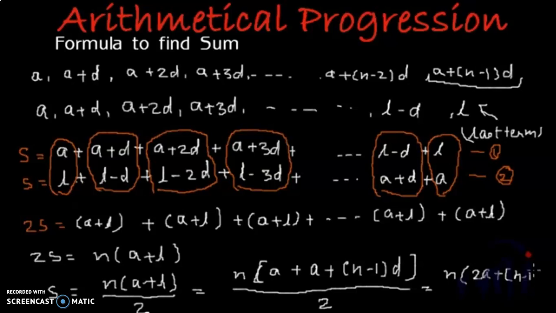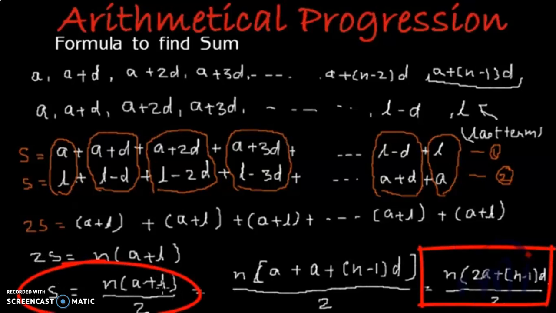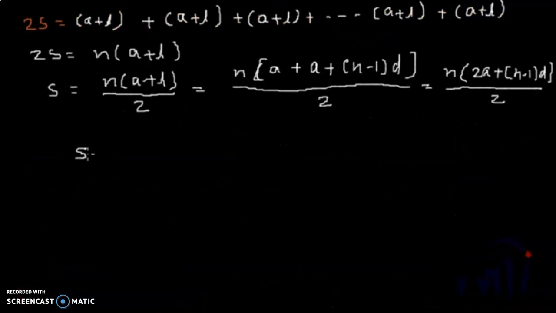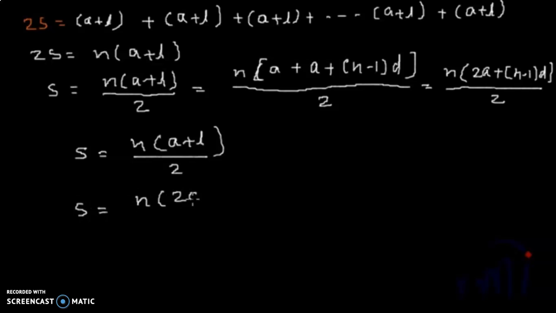And n minus 1 into d also the same, by 2. That is, the sum of n terms of an AP is s is equal to n by 2 into a plus l, or it can be written as n into 2a plus n minus 1 into d divided by 2, correct?